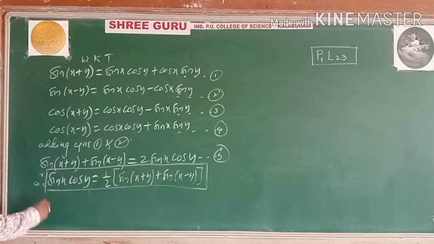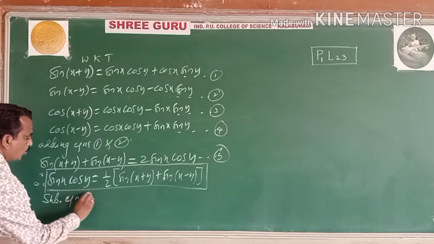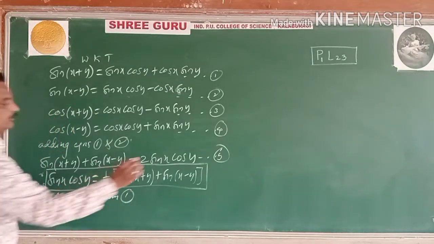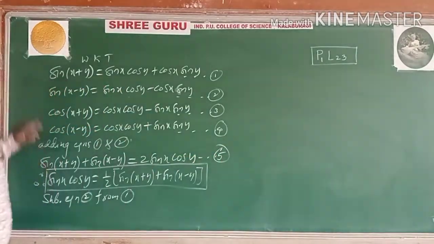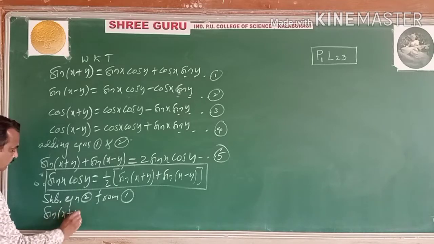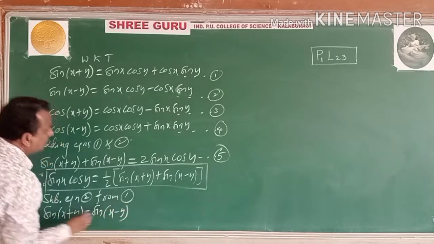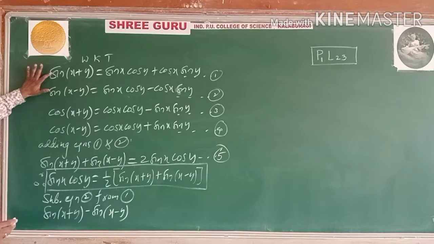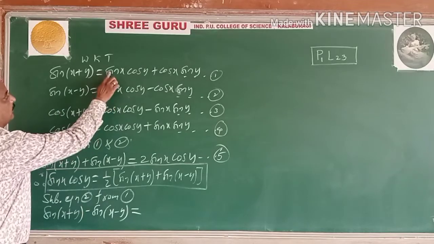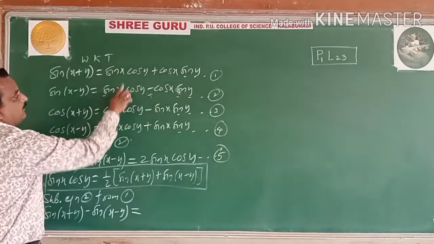Next, subtracting equation 2 from 1. This is equation number 5. See what it becomes: sin of x plus y minus sin of x minus y is equal to, subtracting 1 minus 2, minus of minus is plus.